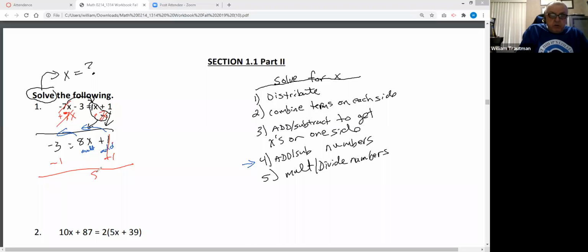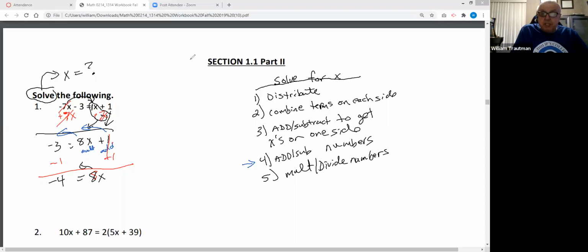That turns to 0. I'm left with 8x. And -3 minus 1 is a -4. If you're not sure about that, make sure you put it in your calculator. Then I'm going to divide by 8. I need to get the 8 to the other side. It's multiplying.